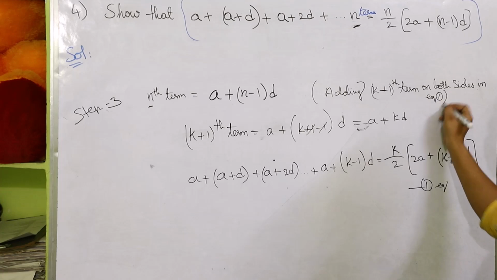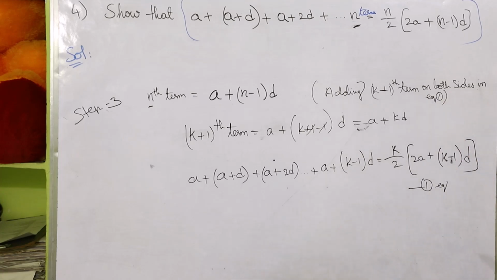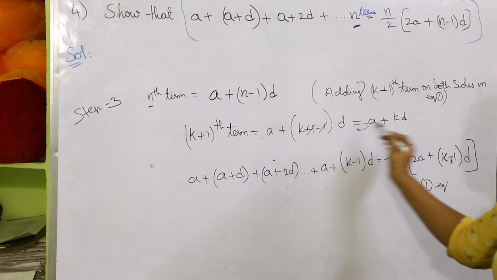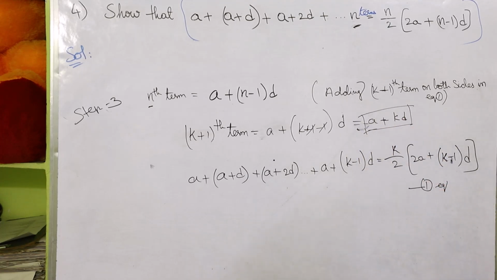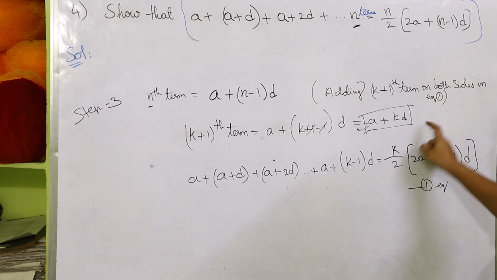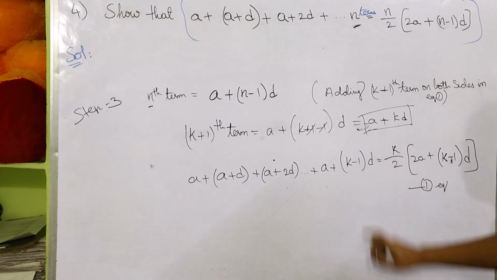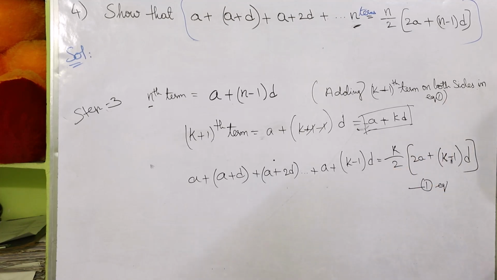This is the k plus 1th term that we got. So adding the k plus 1th term on both sides, in equation number 1. Now you add it as I have said, the k plus 1th term on both sides.